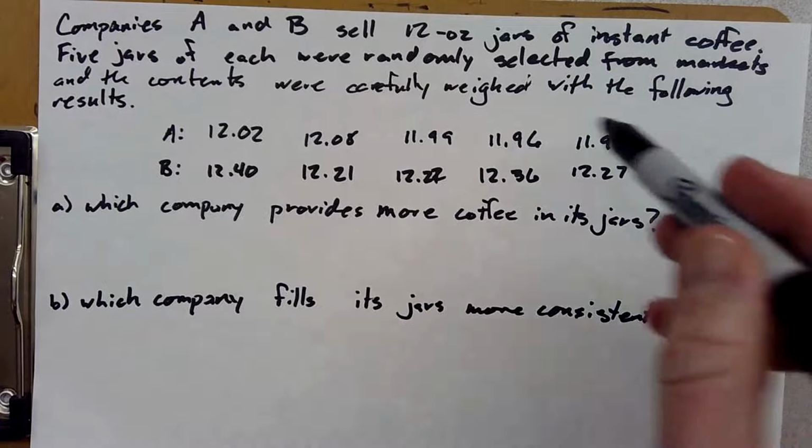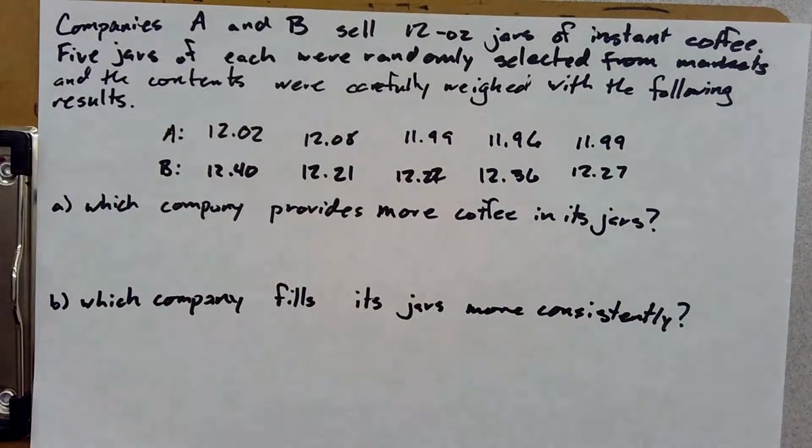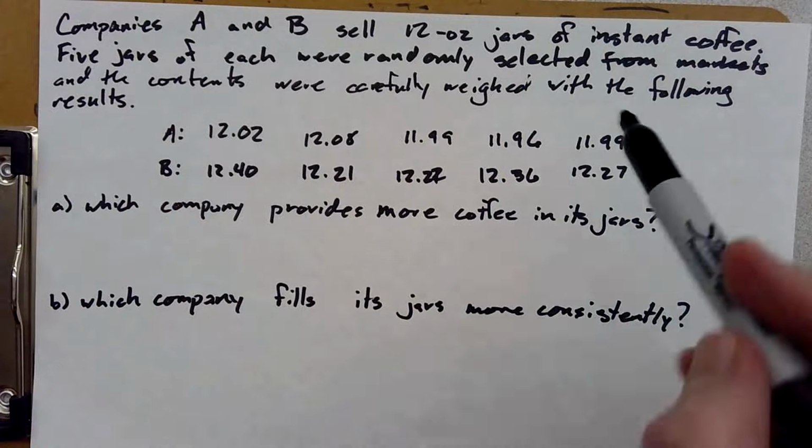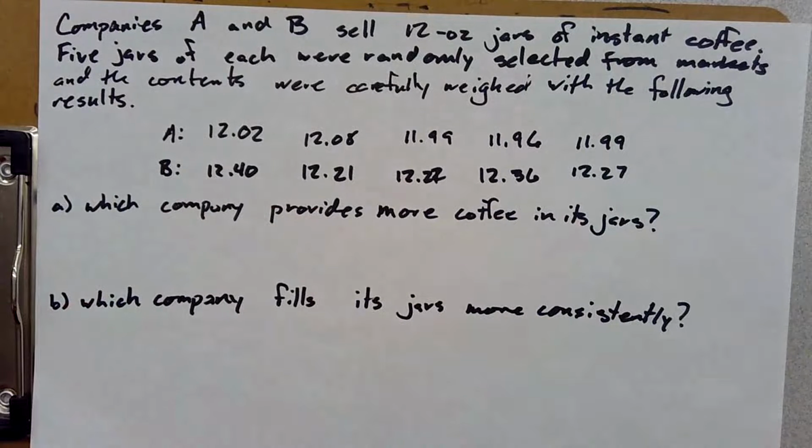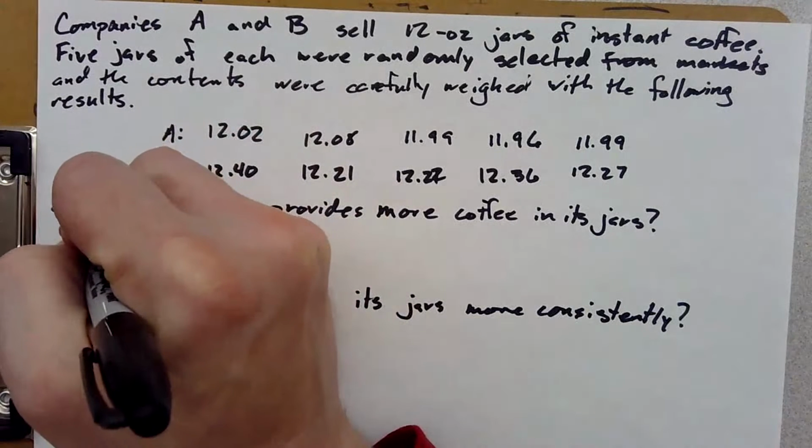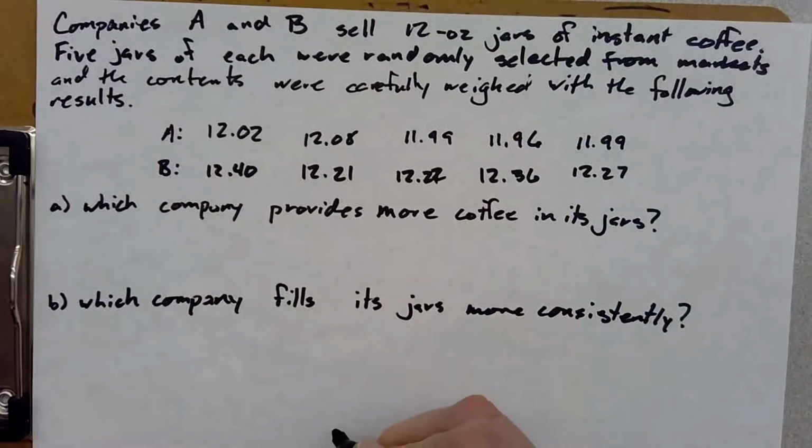We've got these 5 weights for Company A and these 5 weights for Company B. We're asked first, which company provides more coffee in its jars? Well, the first thing we're going to do is we're given the values of X bar and S for each of these companies. And we'll just write this down here.